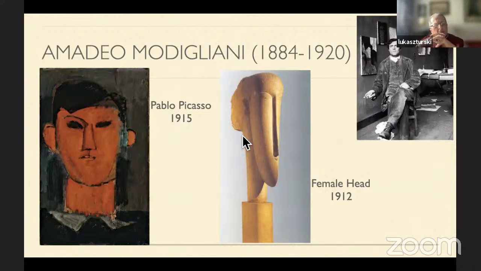And if you look at the paintings of her on those sculptures, you have a feeling that they are somewhat also similar in spirit to those elongated sculpture, like the female head of the Modigliani.